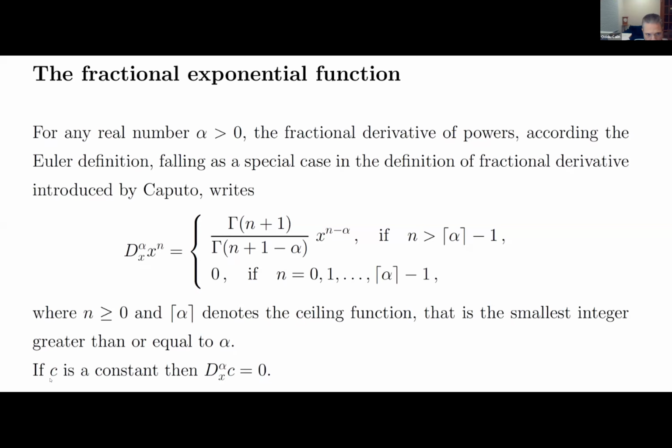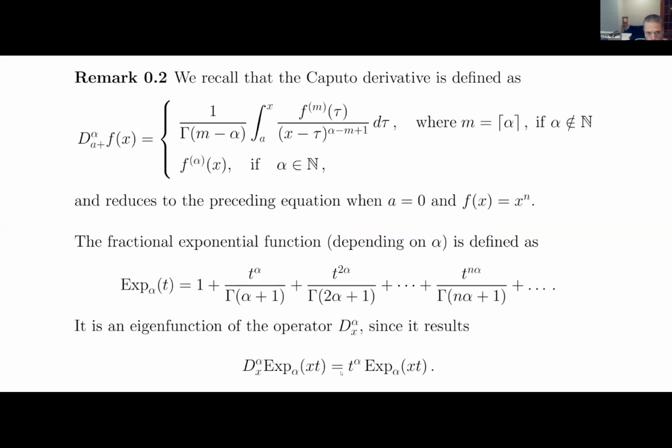It's interesting that if C is a constant, the fractional derivative of the constant is 0, like in the classical case. This is for every alpha greater than 0. This is a particular case of the so-called Caputo fractional derivative, which is expressed in this formula in integral form.